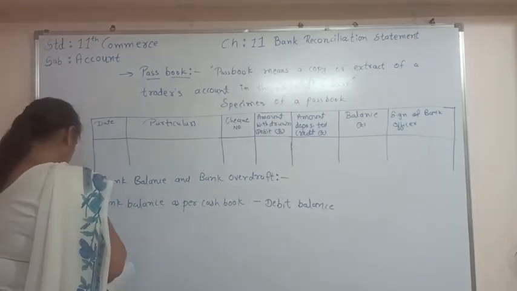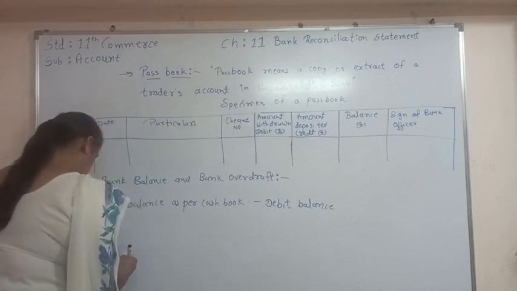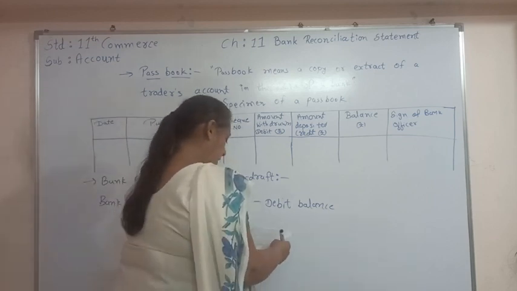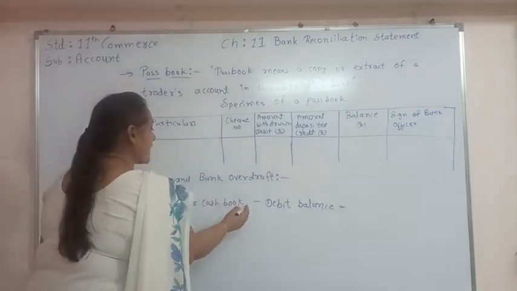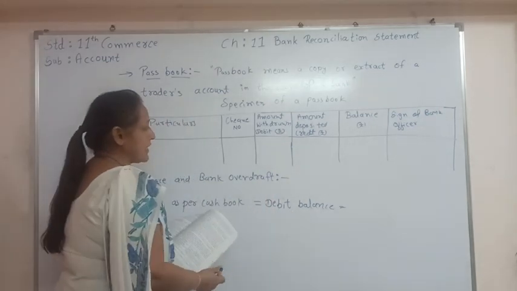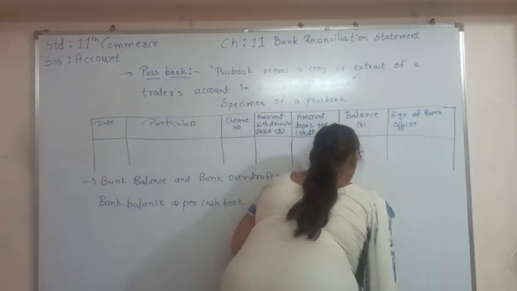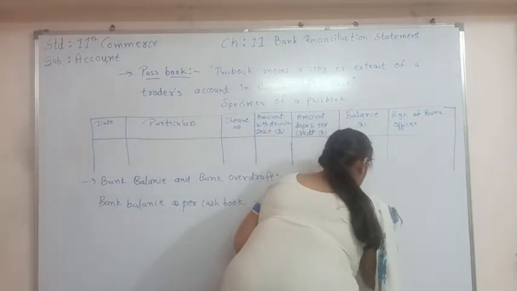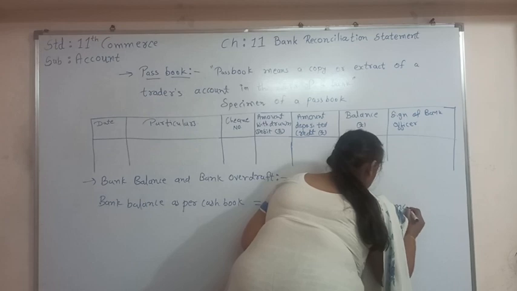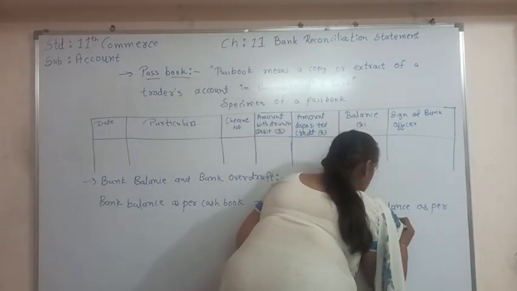So here, bank balance as per cash book has a debit balance and a credit balance as per passbook.